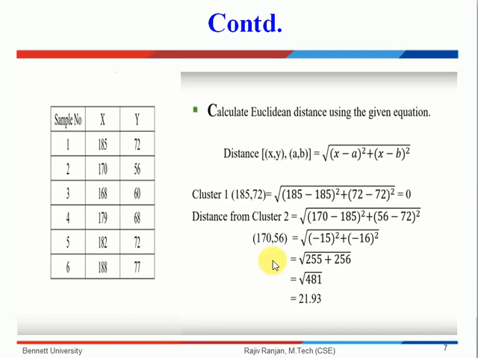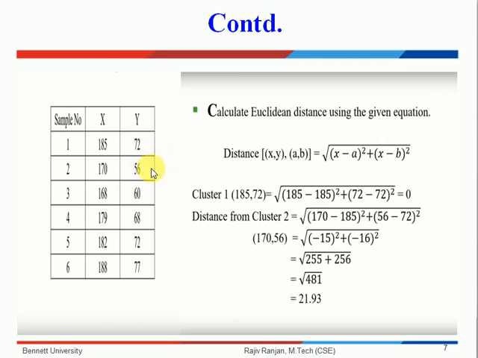So after computing 178 minus 185 and 56 minus 72, we will get 21.93. Now for cluster 2, we have to calculate the distance from cluster 1 and to itself.